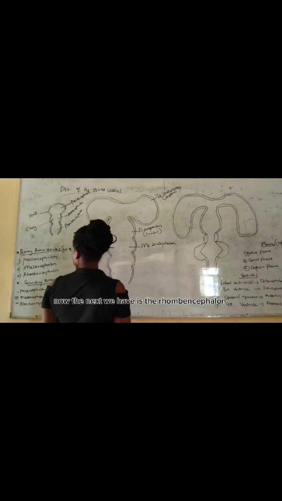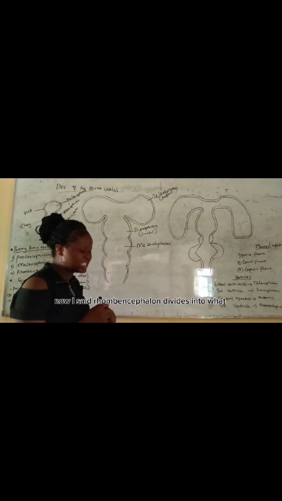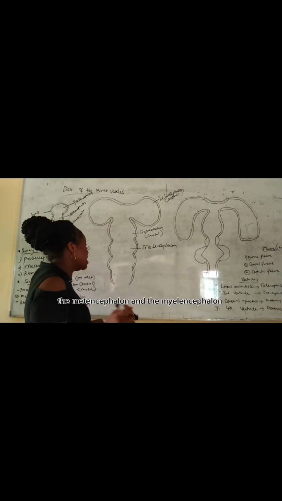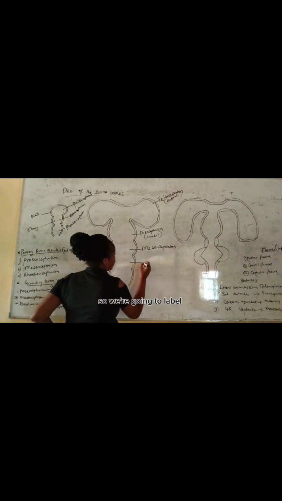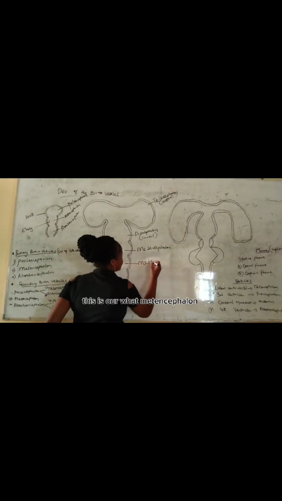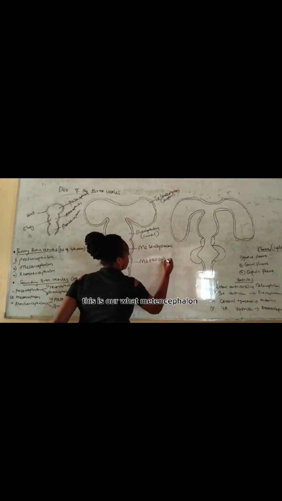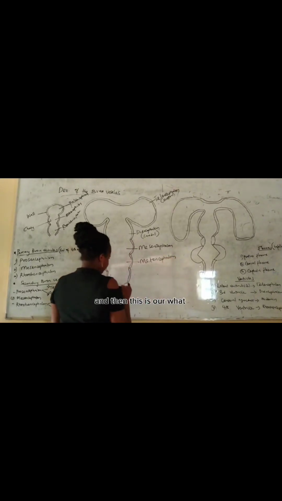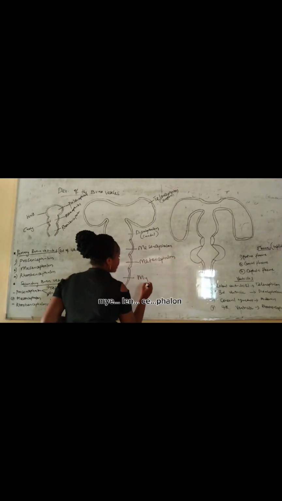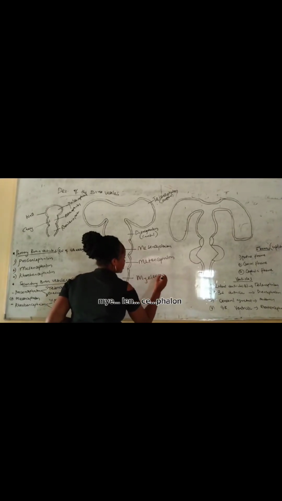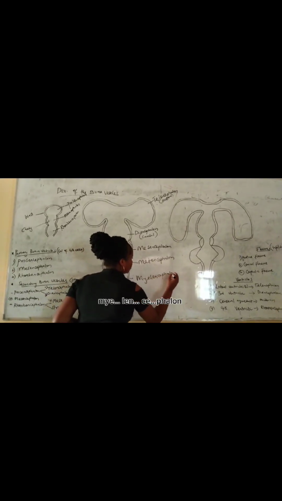Now, the next we have is the Rhombencephalon. I said the Rhombencephalon divides into the Metencephalon and the Myelencephalon. So we are going to label it. This is our Metencephalon, and this is our Myelencephalon.